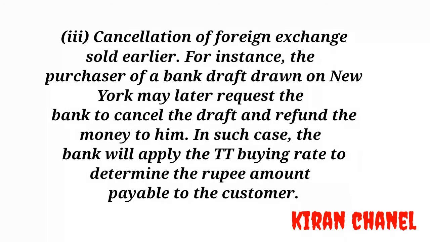Cancellation of foreign exchange sold earlier: for instance, the purchaser of a bank draft drawn on New York may later request the bank to cancel the draft and refund the money to him. In such a case, the bank will apply the TT buying rate to determine the rupee amount payable to the customer.